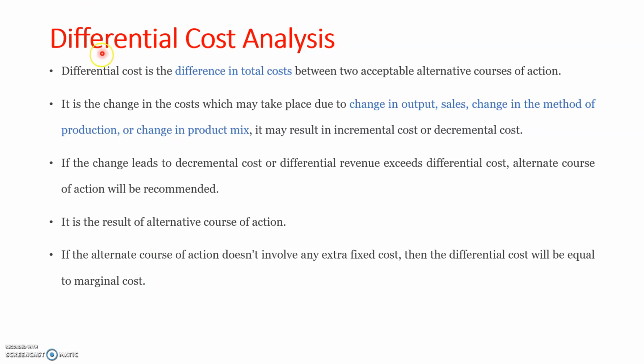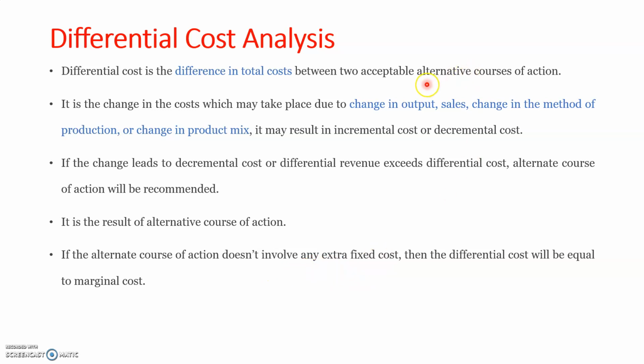In the case of differential cost also, to an extent it is like that. Differential cost means the changes in the cost, increase or decrease, due to changes in the level of output. Marginal cost will be equal to differential cost only when there is no change in the fixed cost.